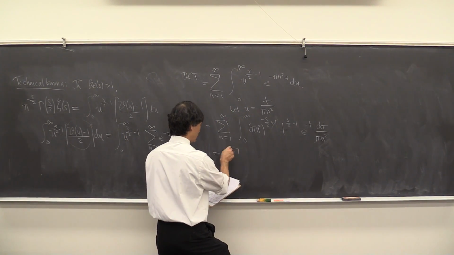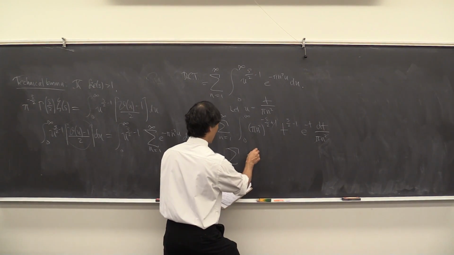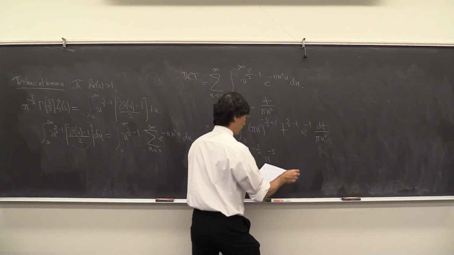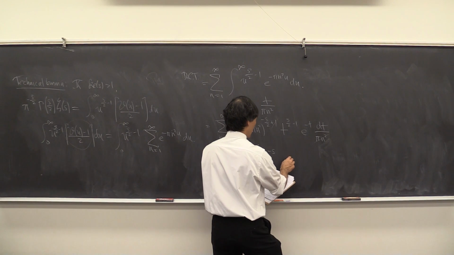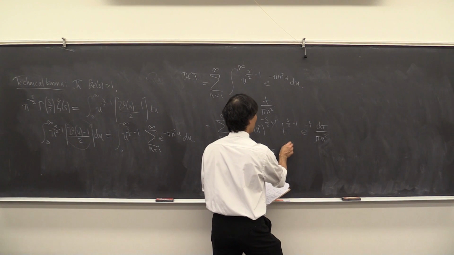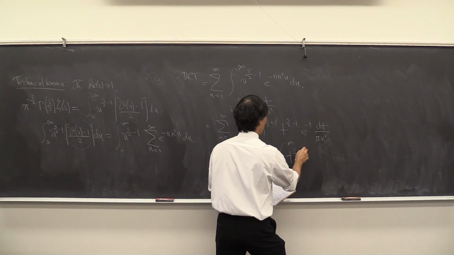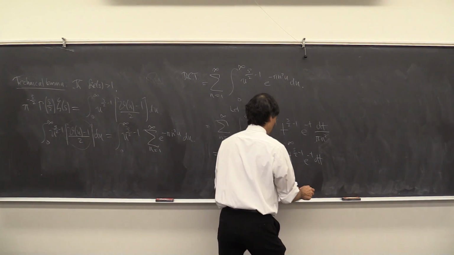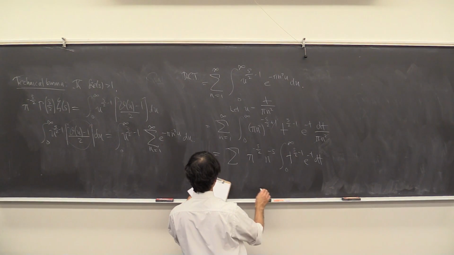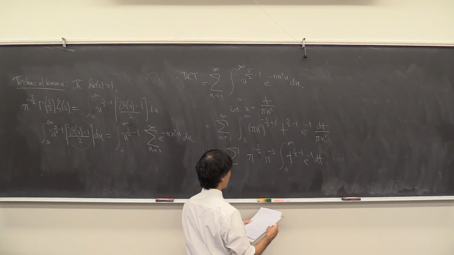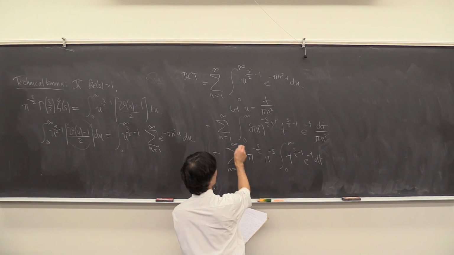We end up with the summation of π to the negative s over 2, n² to the negative s over 2, so n to the negative s, and we get this integral of t^(s/2 - 1) e^(-t) dt, but that's from n equals 1 to infinity, right?